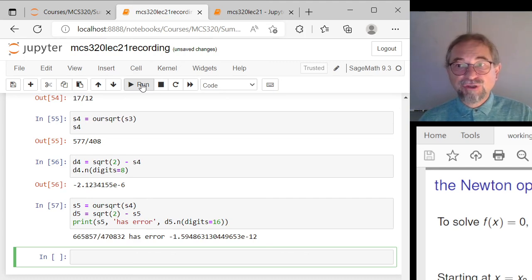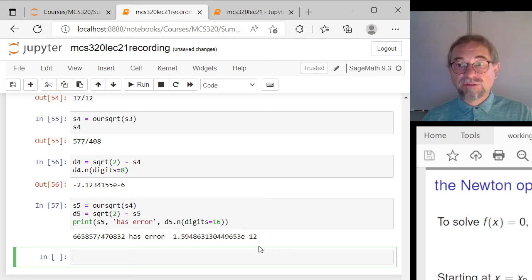So you see my rational numbers are getting larger, but the error, it went from, and actually the error is negative, so it could be better to use absolute values. But the important thing is that in scientific notation, we have the -6 goes to -12.